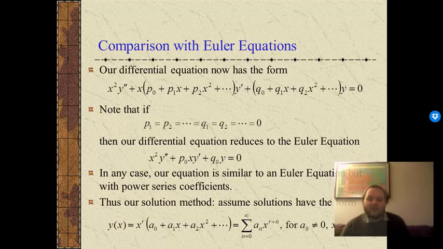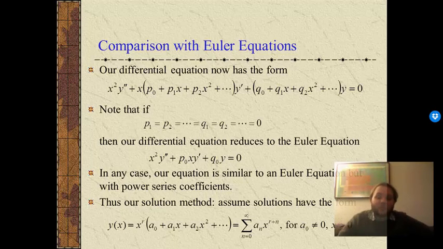Frequently our higher order terms, p1, p2, p3 on, and q1, q2 on, will cancel out. And if that happens, we literally have just an Euler equation. Even if it doesn't, frequently we can get a lot of information from the Euler equation form of our differential equation.